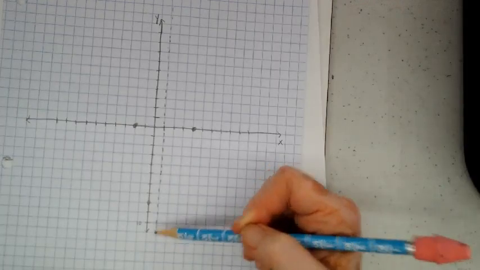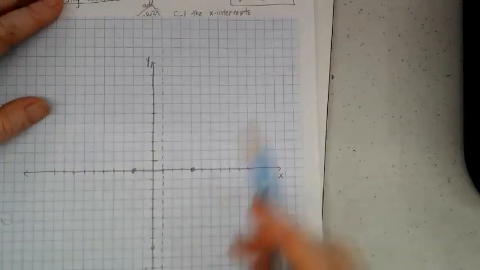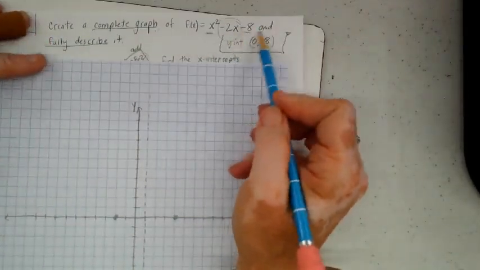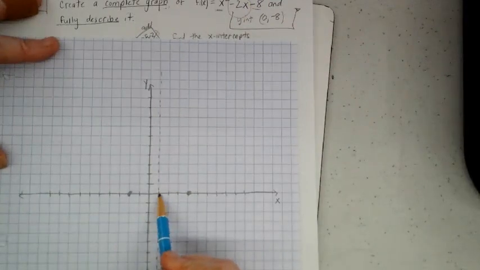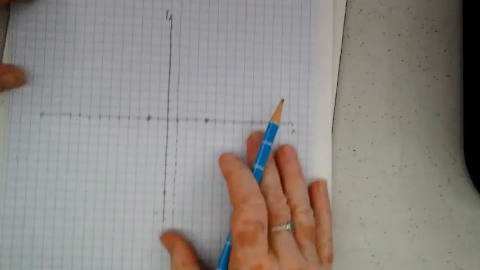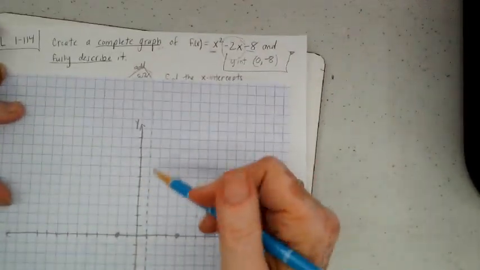So since I know that, I can plug that into my equation. Okay, so let's do that. So I know that the x-coordinate of the vertex is -1 because it has to lie on the line of symmetry. Sorry, not -1, +1.